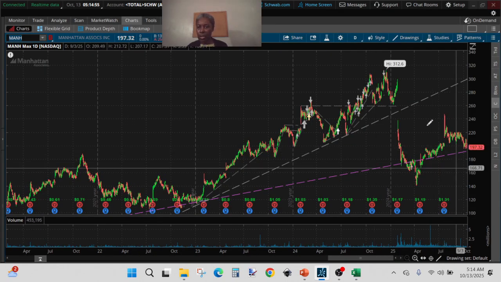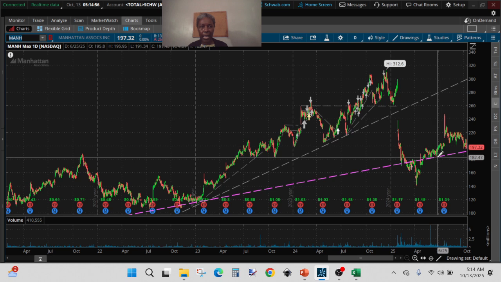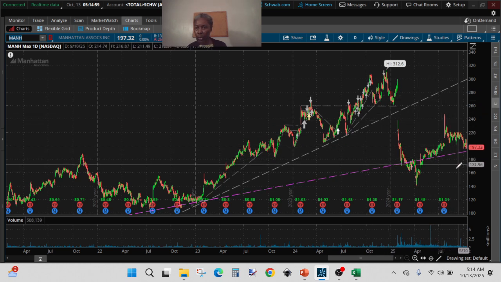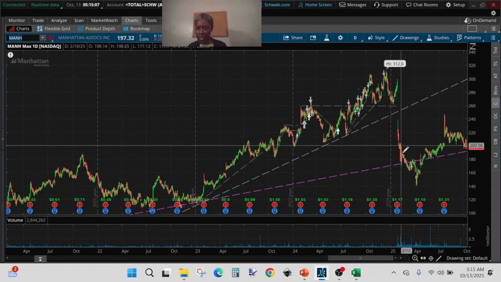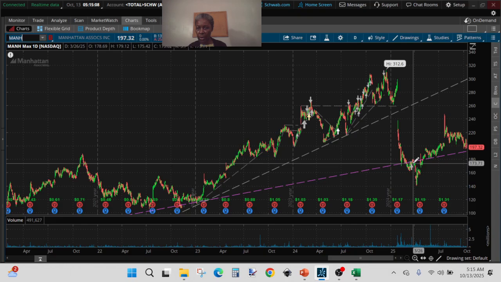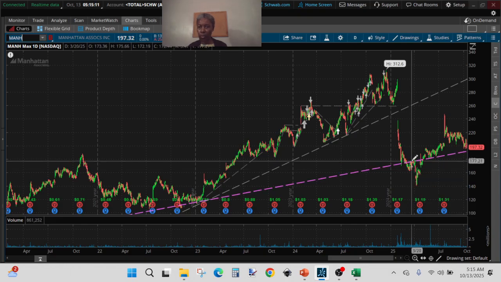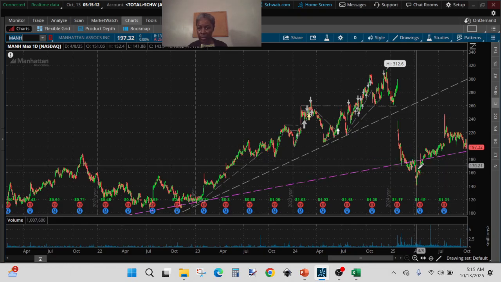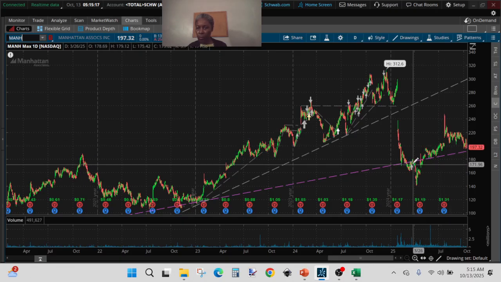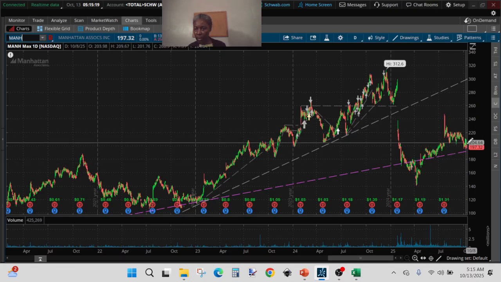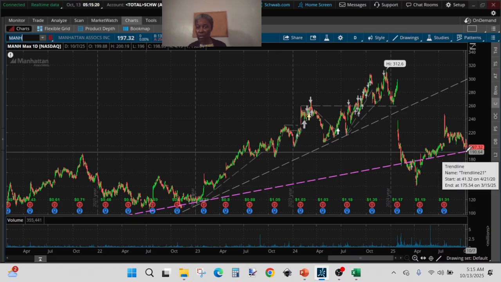We purchased it somewhere there, but because the price pulled back to the support line, we bought it when it showed us growth there, but it was not done. It pulled back again, and then it started going up from there. It went up a little bit, but then pulled back again to the support line.